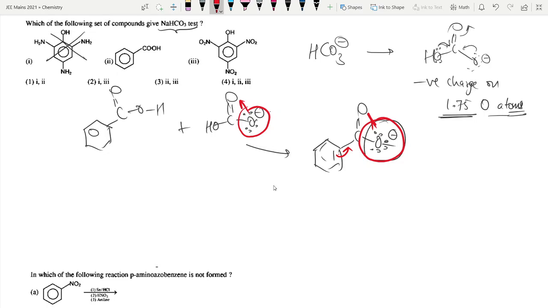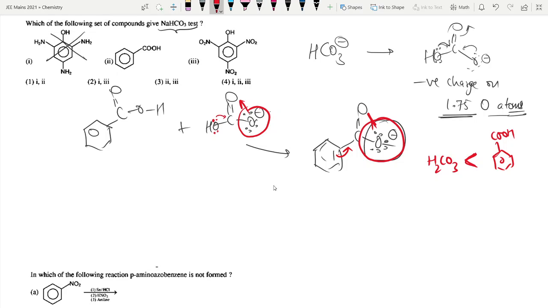So this is a very interesting fact: when you compare the carbonic acid H2CO3 and a carboxylic acid like benzoic acid, among these two, H2CO3 is less acidic than this one, because in H2CO3 this resonance is quite strong.